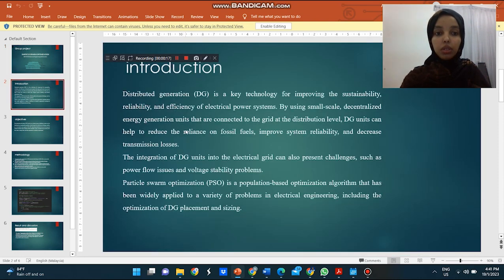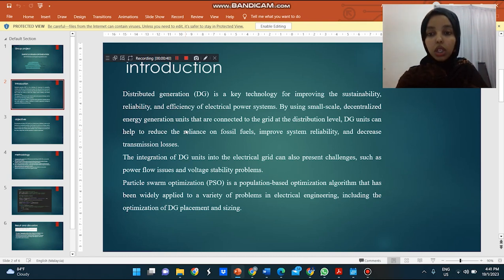In the introduction, we see that distributed generation is a key technology for improving the sustainability, reliability, and efficiency of electrical power systems by using small-scale decentralized energy generation units that are connected to the grid at the distribution level.